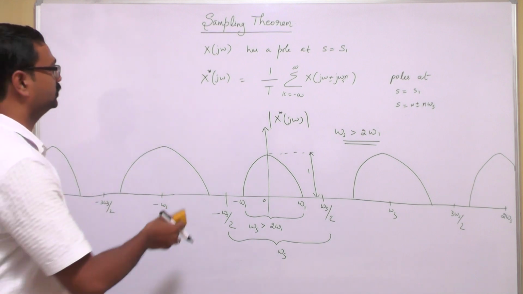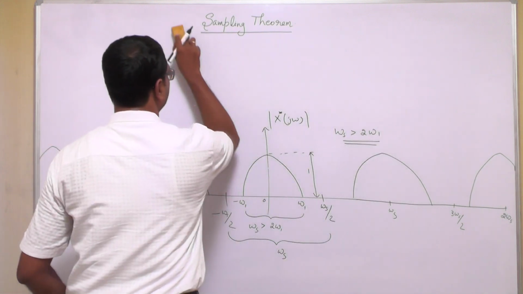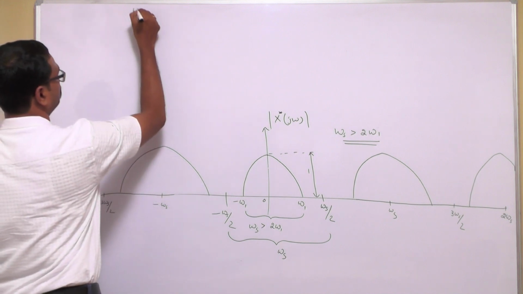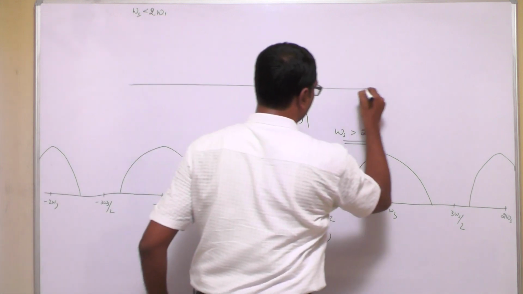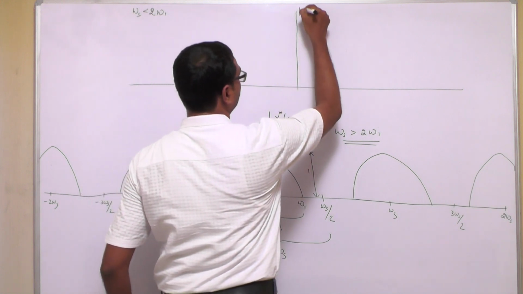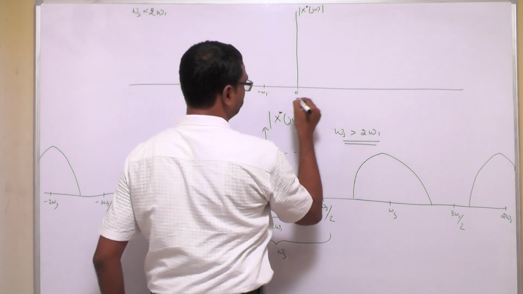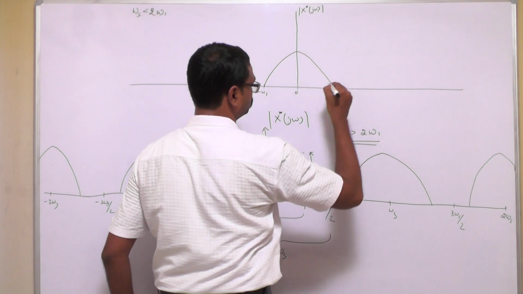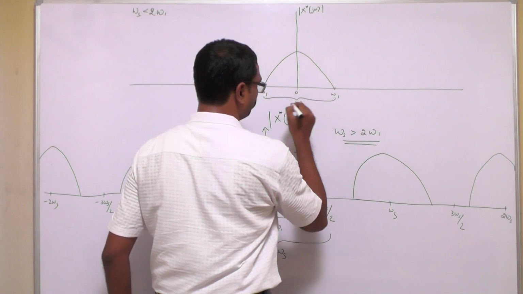Now if we go for ωs less than 2ω1, let me see what diagram we are going to get, for the same spectrum, the modulus of X*(jω), and let me say we have the graph in this form, and this is nothing but 2ω1.